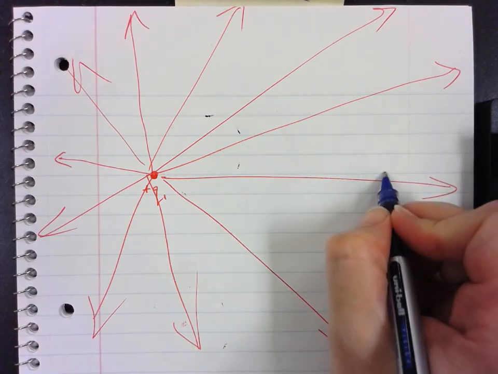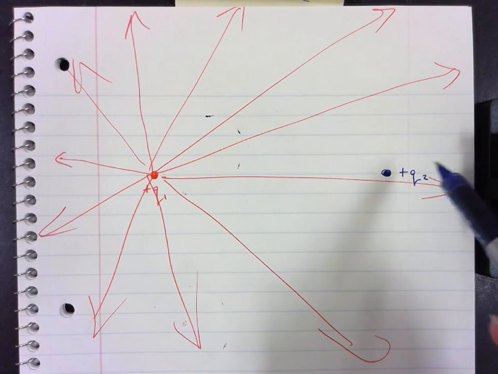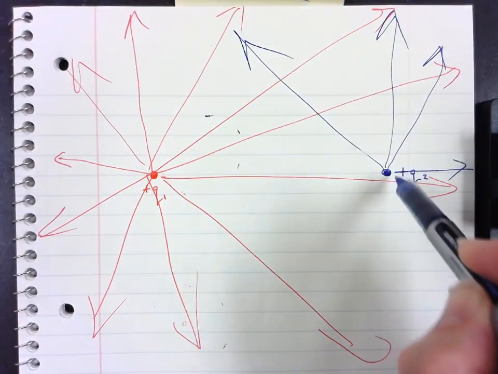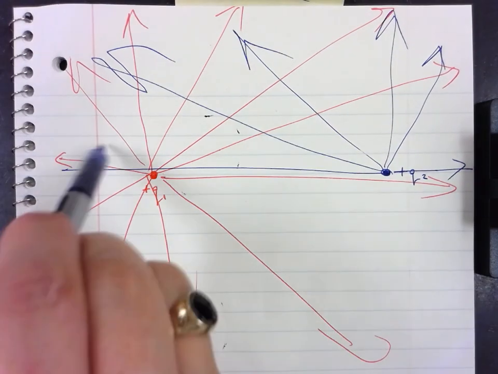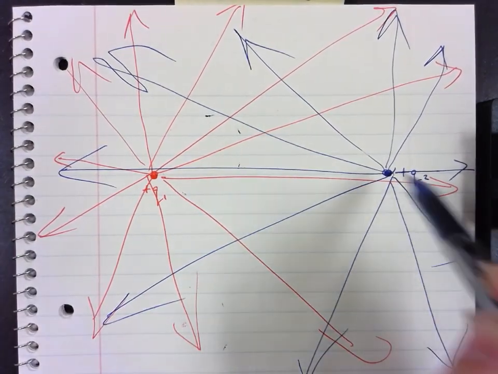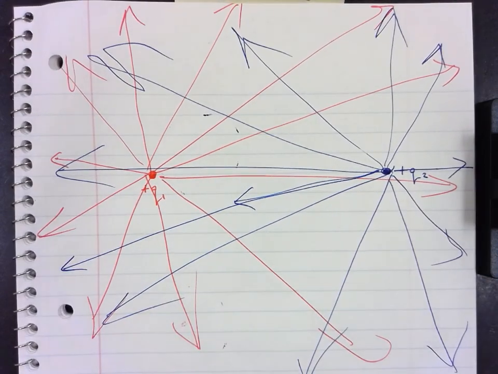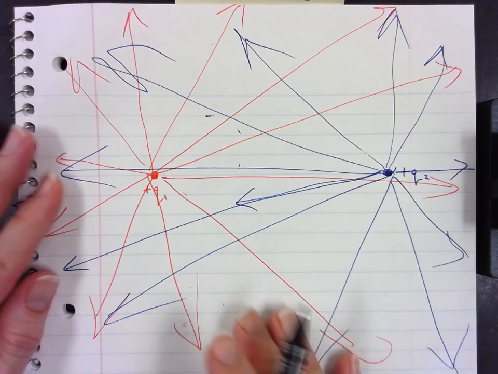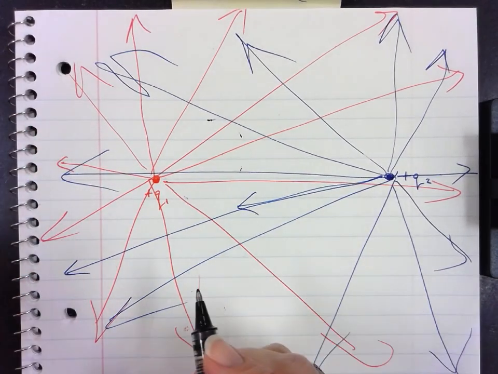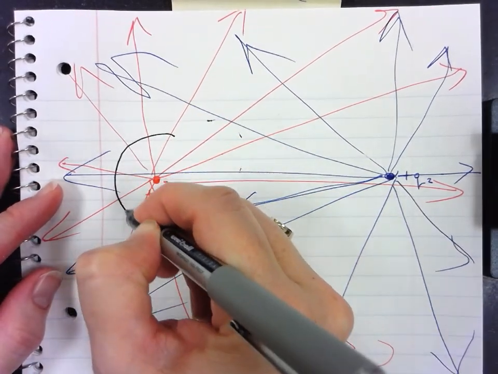And we're going to have a second positive Q2, and I'm again going to draw lots of electric field lines. All the way across. So I want to do this to show why it's only the inside that matters. So I'm going to draw a sphere centered on Q1.